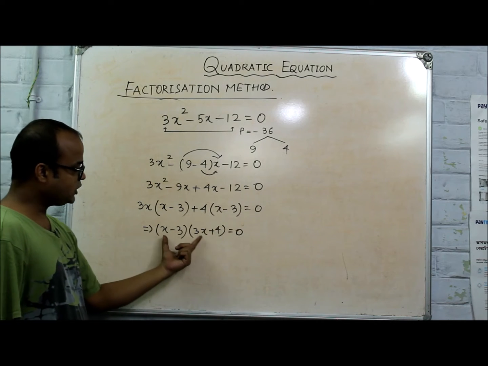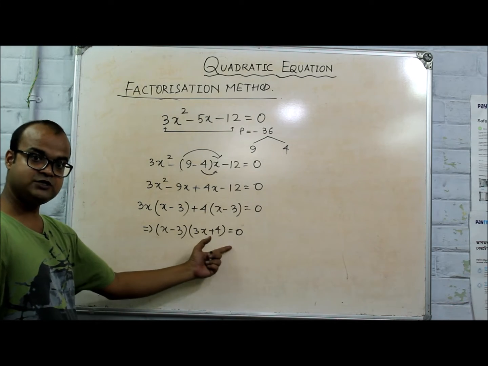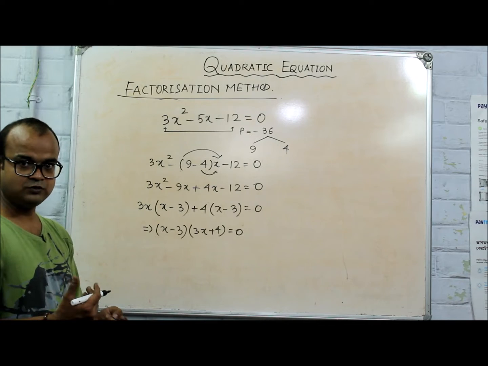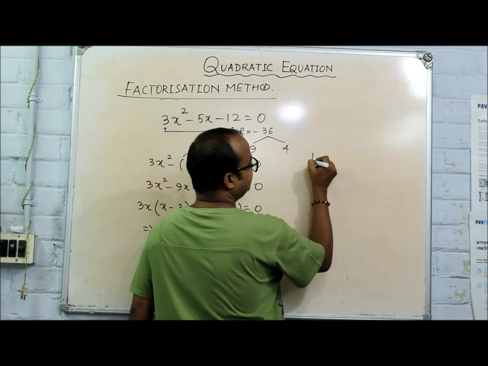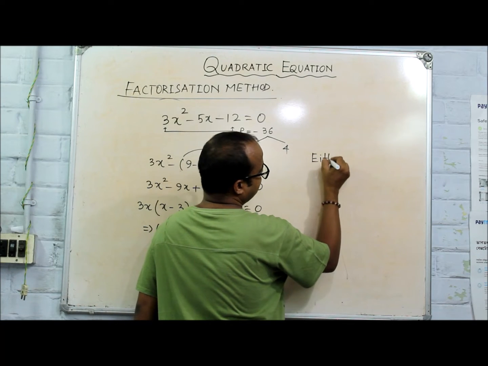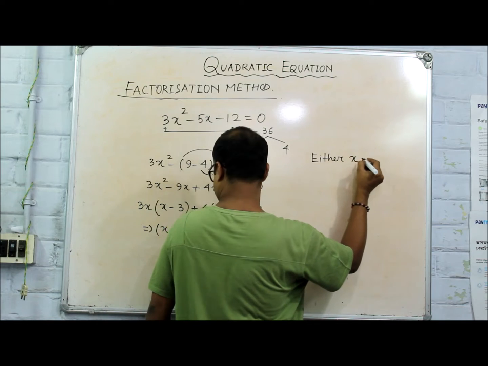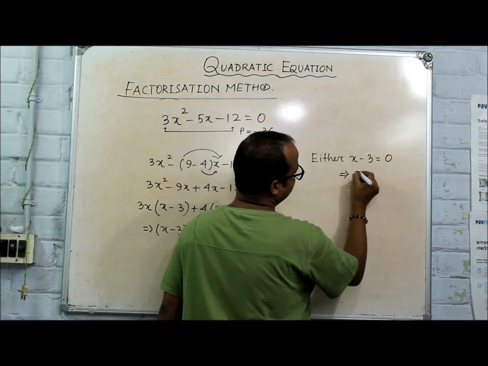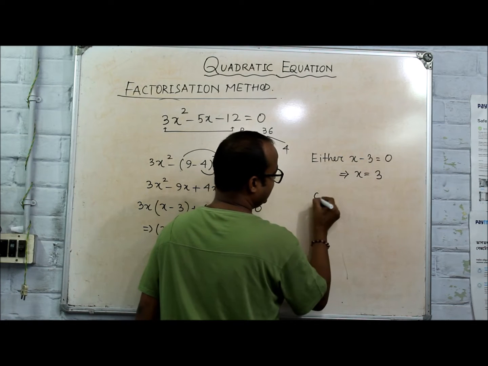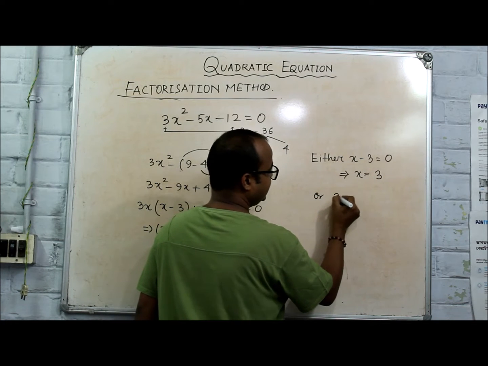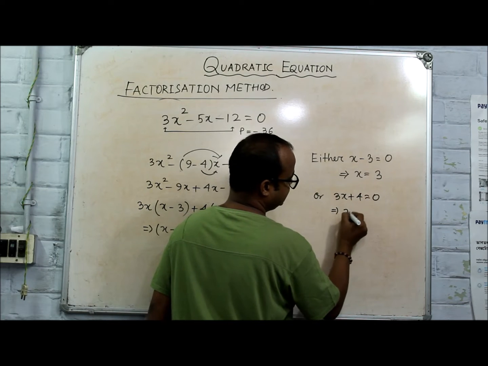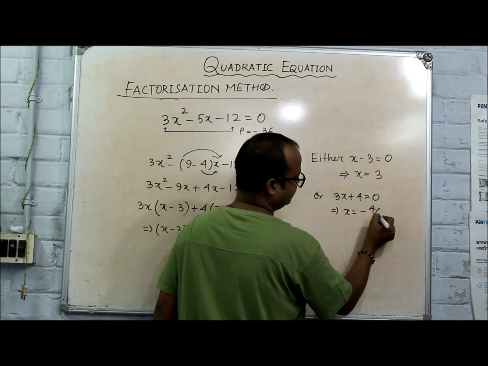Now if the product of two expressions is 0, one of them must be equal to 0. So here we write either x minus 3 is equal to 0, it implies x is equal to 3, or 3x plus 4 is equal to 0, it implies x is equal to minus 4 by 3.